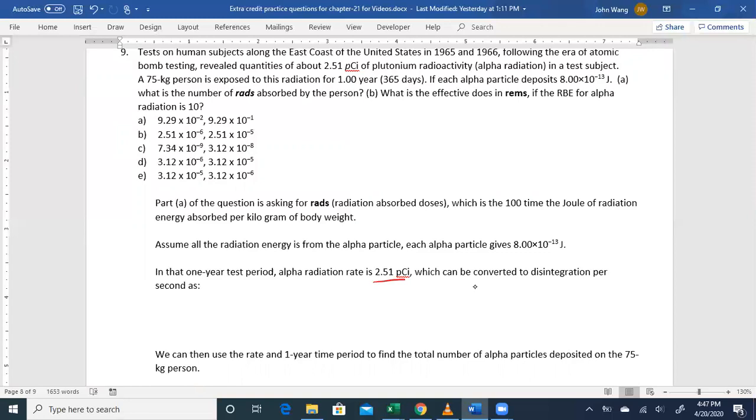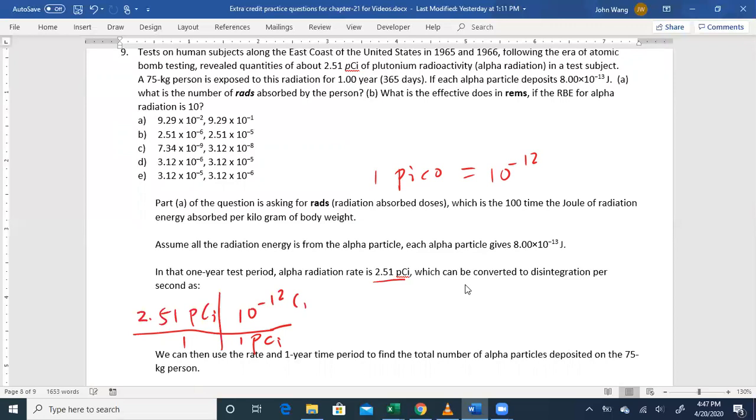So we will take 2.51 pCi. Again, those are prefixes. 1 pico equals 10 to the negative 12. Therefore, 1 pCi equals 10 to the negative 12 Ci.